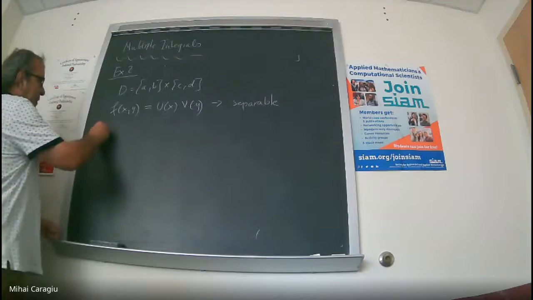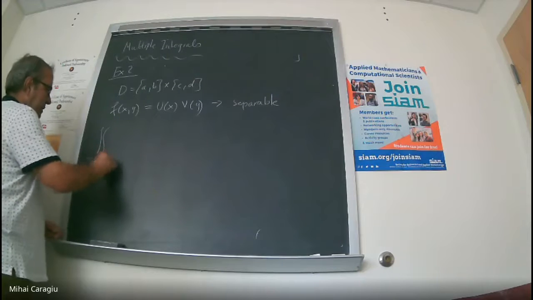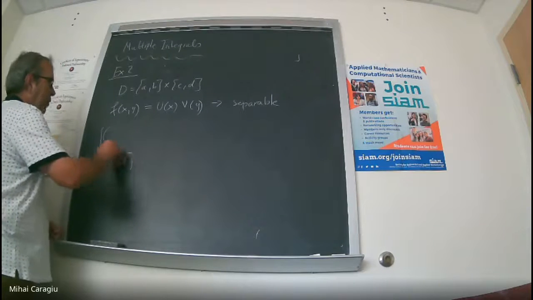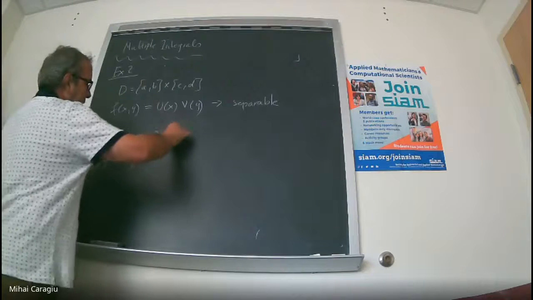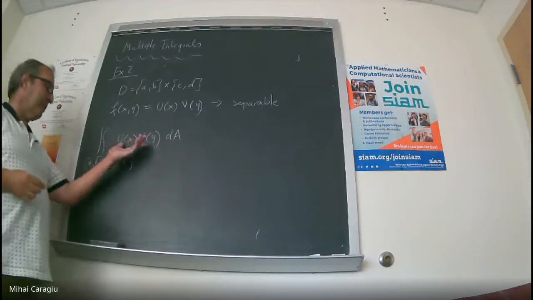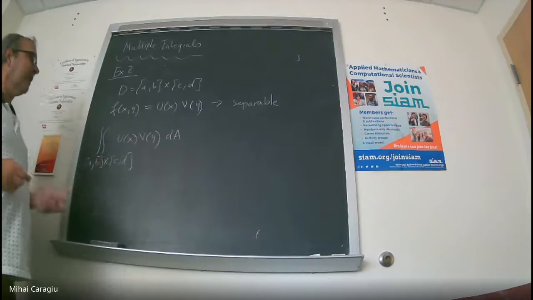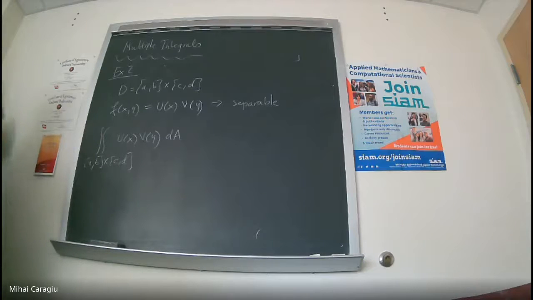If we do a double integral over the rectangle AB cross CD of u of x times v of y, dA, the double integral of a separable function over the rectangle, that's the easiest possible case in which calculus 3 reduces automatically to calculus 1.